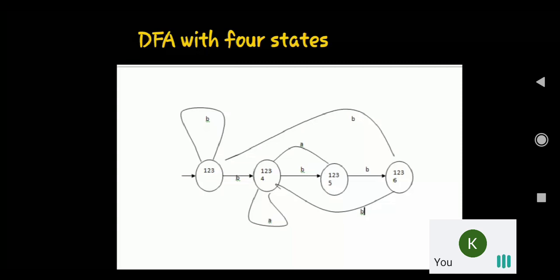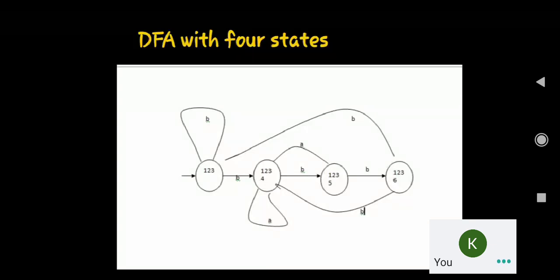And similarly, we have a transition from 1 2 3 6 to 1 2 3 4. The label that we are passing here is small a and not small b. So in this slide, these two labels underlined with green lines, these two b's, are actually a, not b.